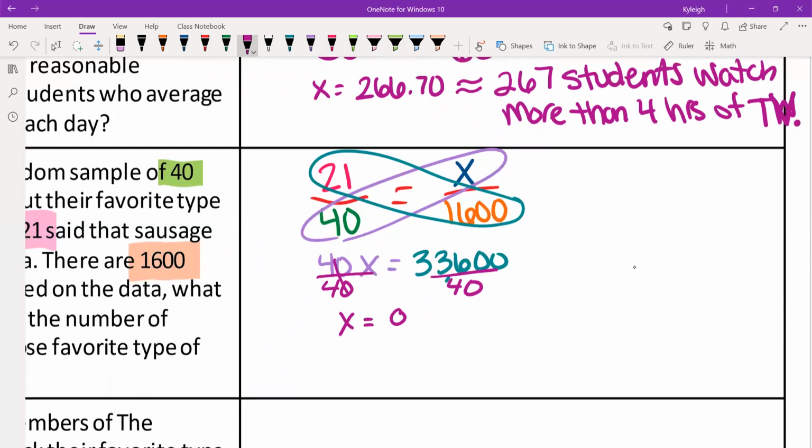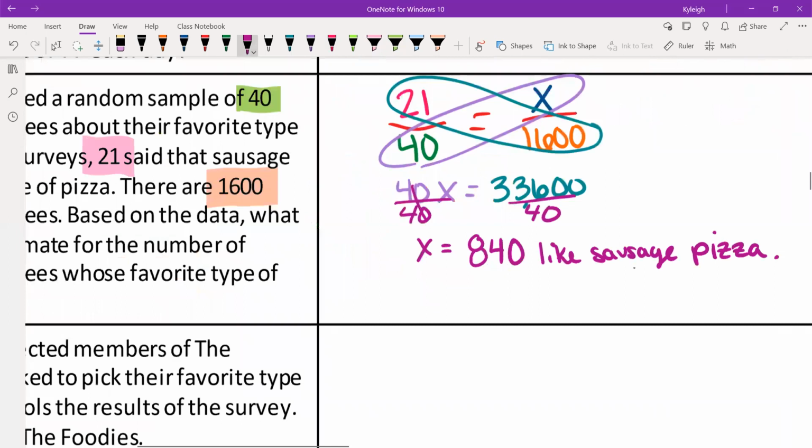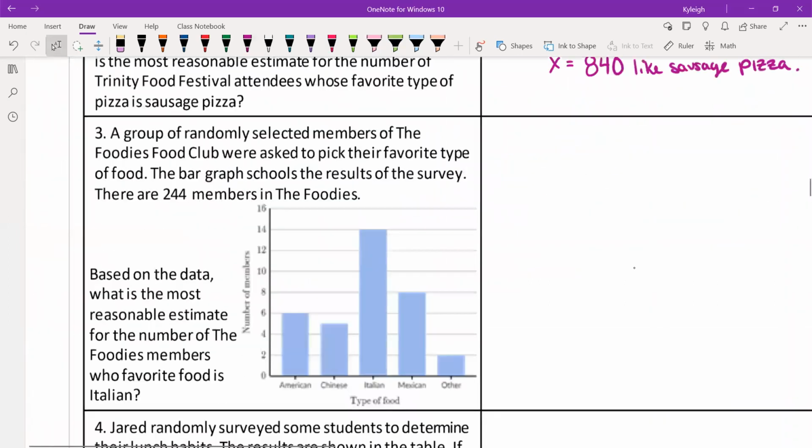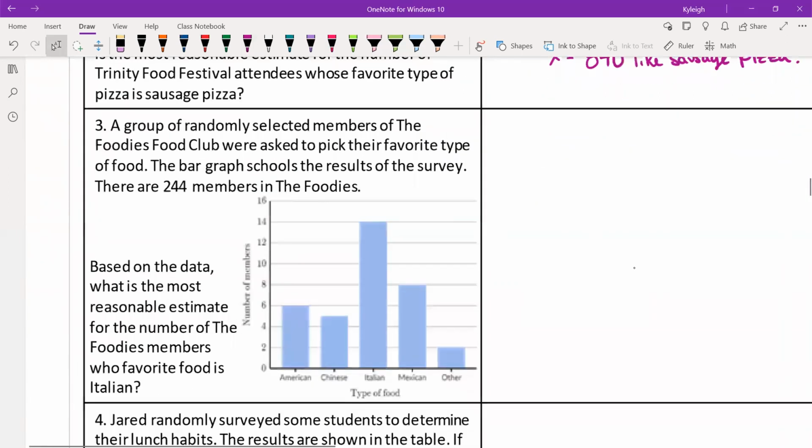And that gives us 840 who like sausage pizza. Or sausage pizza is their favorite, I guess is what I really should have said, but not erasing it. Okay, so let's look at the next one.